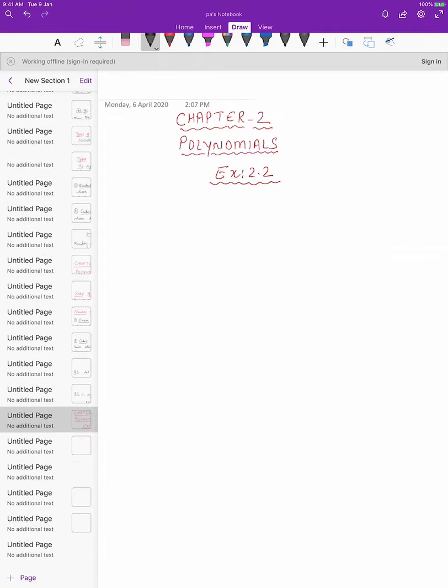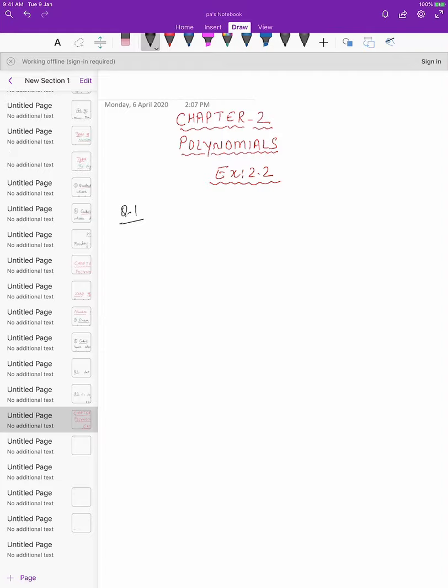Now let us start with exercise 2.2 of your NCERT book. The first question of exercise 2.2 is, find the value of the polynomial 5x minus 4x square plus 3 at x is equal to 0, x is equal to minus 1 and x is equal to 2. This is your question.